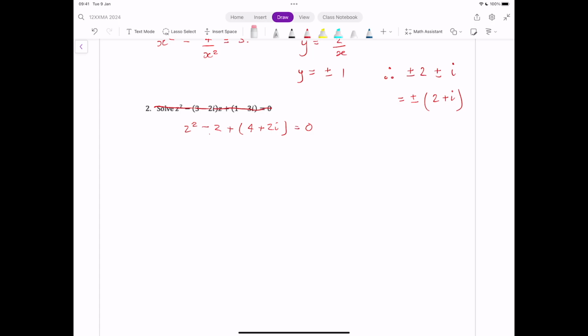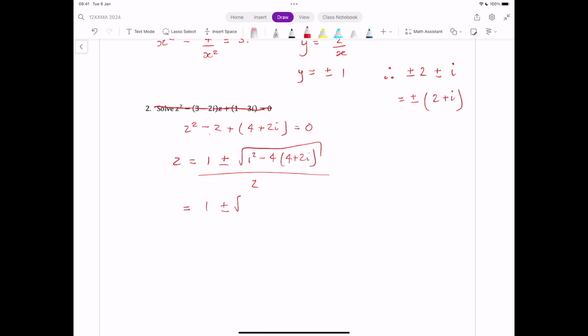So to solve this, we're going to say z, using the quadratic formula, z is negative b, which is 1, plus or minus the square root of b squared, so 1 squared, minus 4 times 4 plus 2i, over 2. So 1 plus or minus, let's figure out what's underneath that square root.